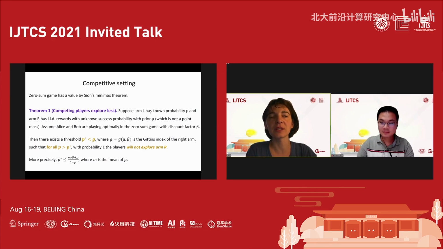So basically, if there was a single player exploring these two arms, then that player would play, by explore, I mean whether they will play the risky arm even once.